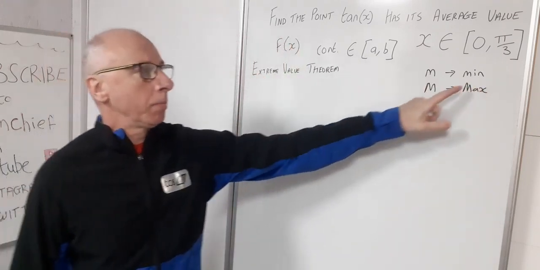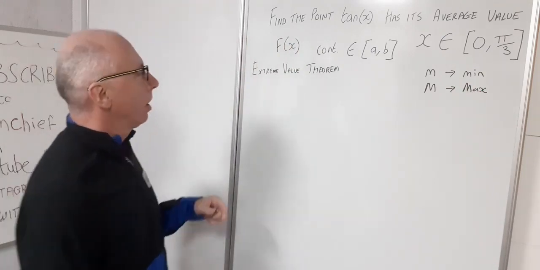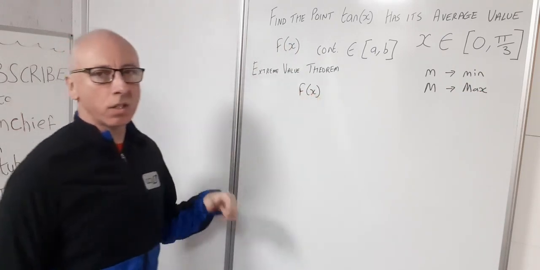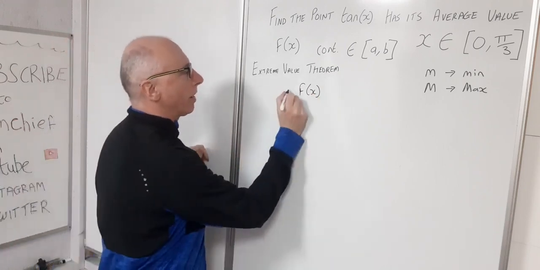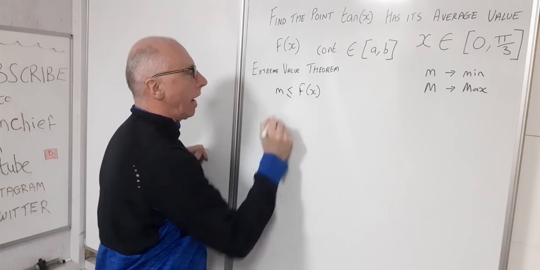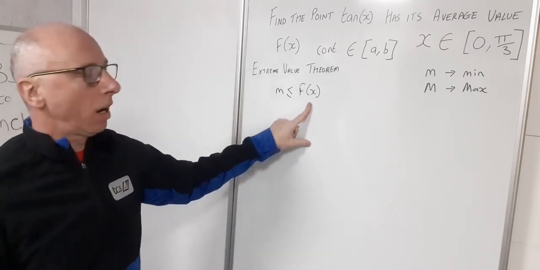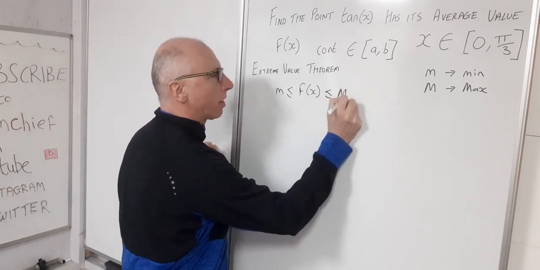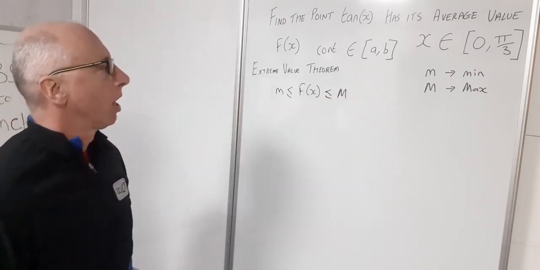So I'll just write minimum and maximum so we can see what they are. So by the extreme value theorem, our f of x is going to be larger than a minimum value, and it's going to be smaller than our maximum value. So that's our capital M.